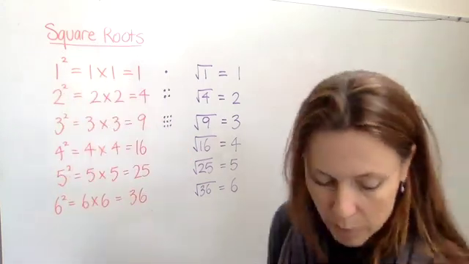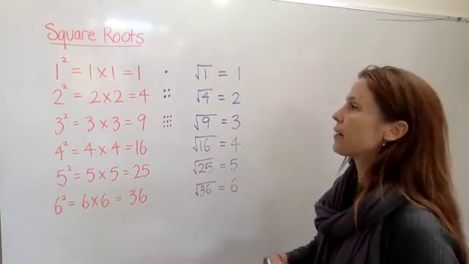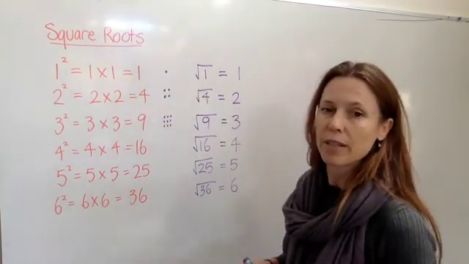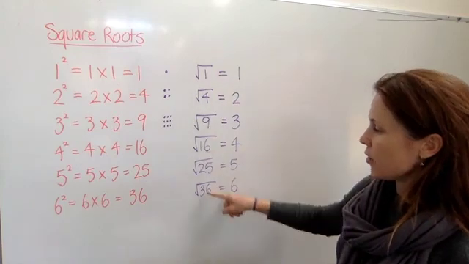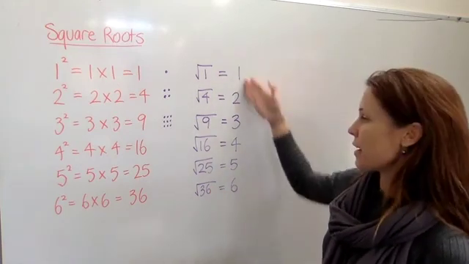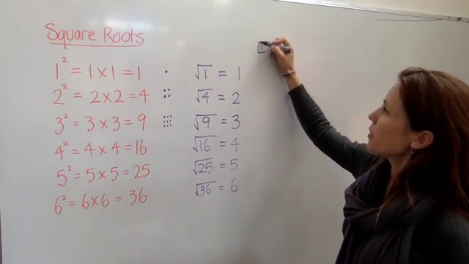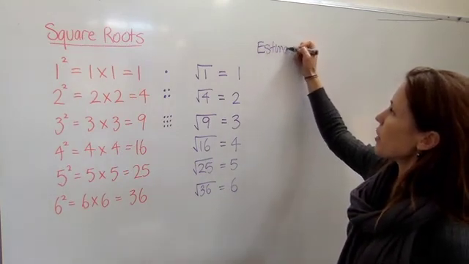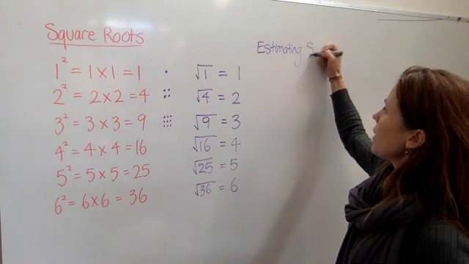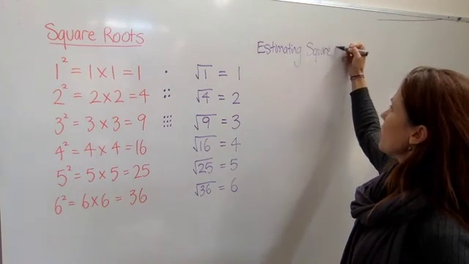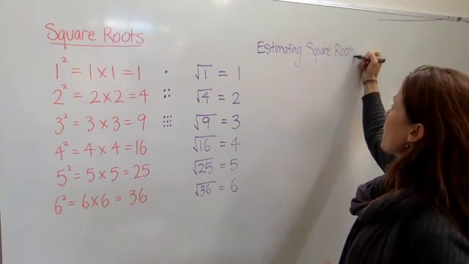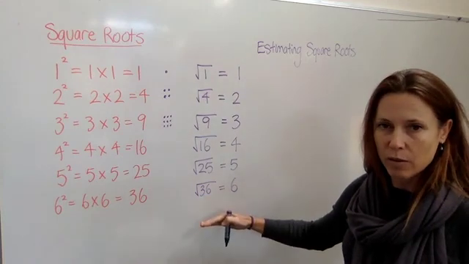So there's a couple of modules here that you can look at. The first one is just square roots, and it's actually understanding how to look at a question like one of these and how to get the answer. The next module after that is called estimating square roots. And it's really just checking your knowledge, whether you understand the pattern that goes on with all of these.